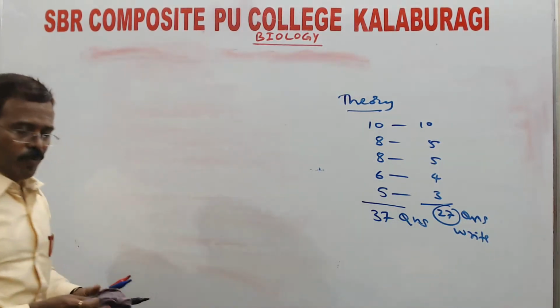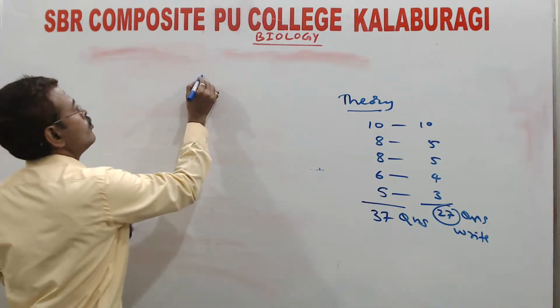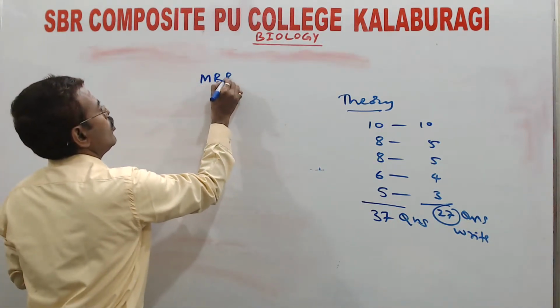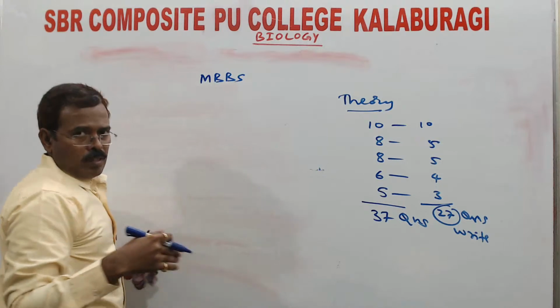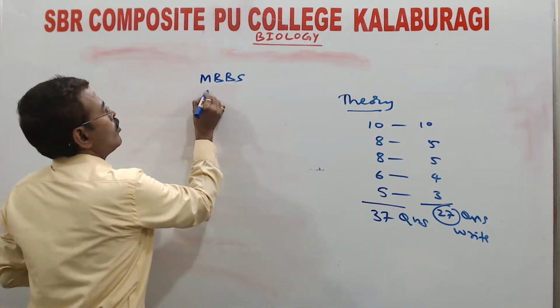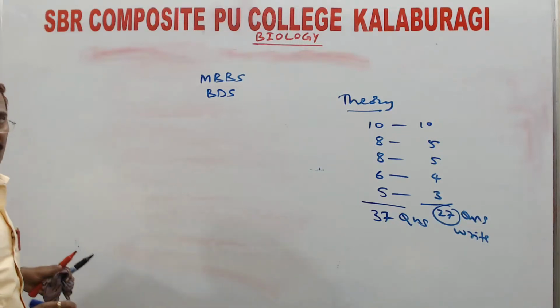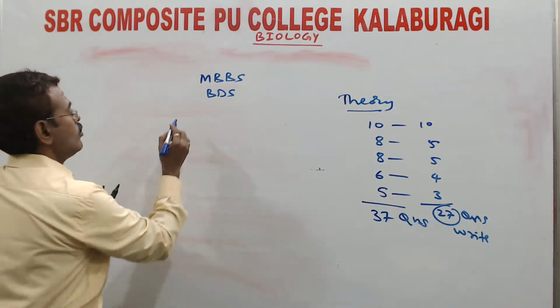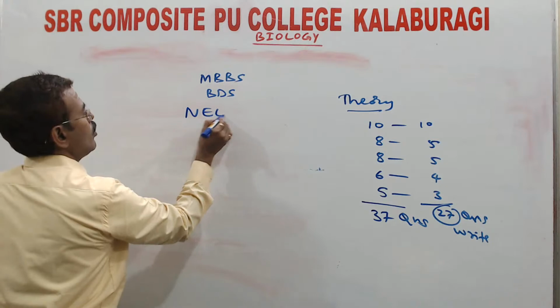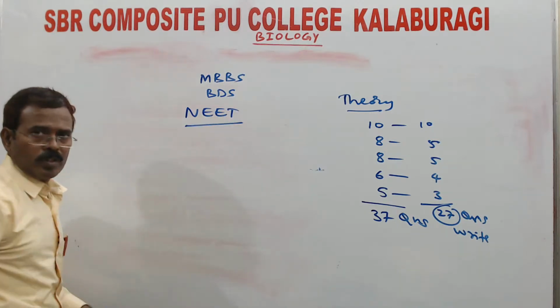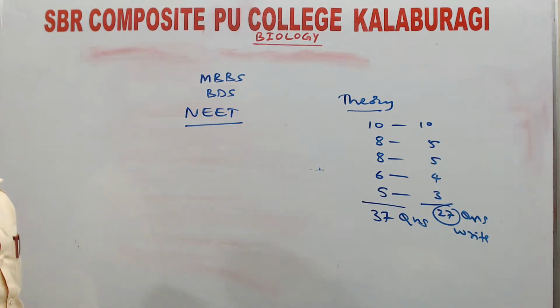I told you, if you want to take admission to MBBS, medical, dental, BDS, homeopathy, all that, we have to write NEET, National Eligibility cum Entrance Test. Yesterday I told.